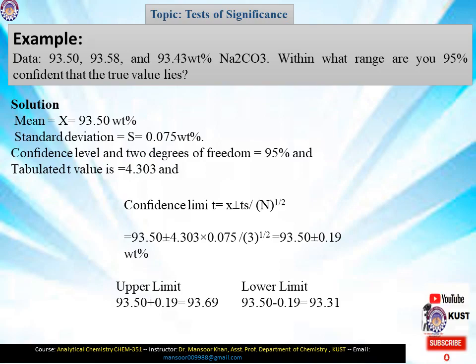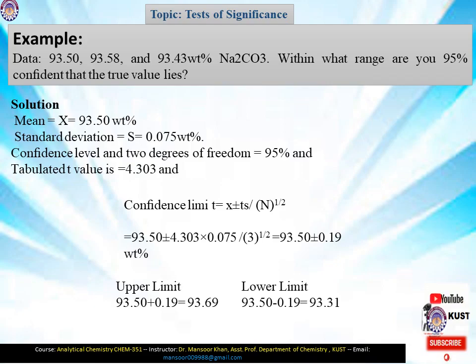Now the question is: within what range are you 95% confident that the true value is present? The 95% confidence level comes from the study of probability, which is beyond the scope of this lecture.